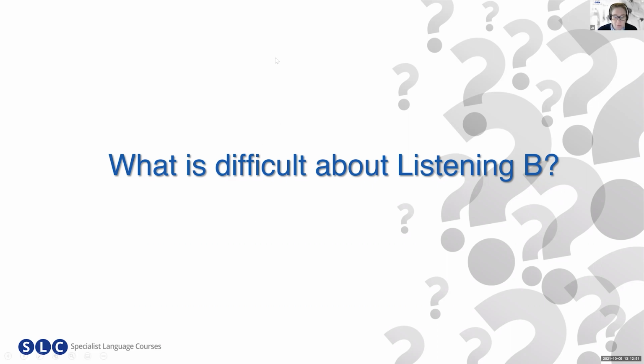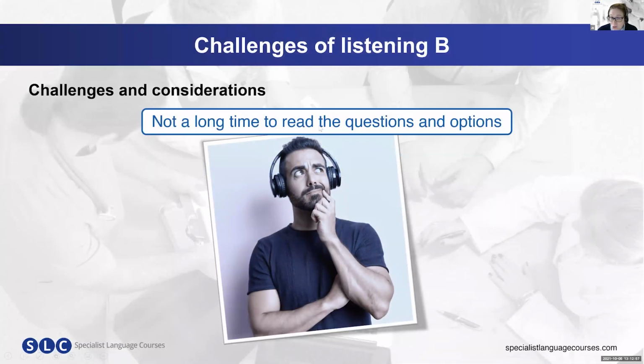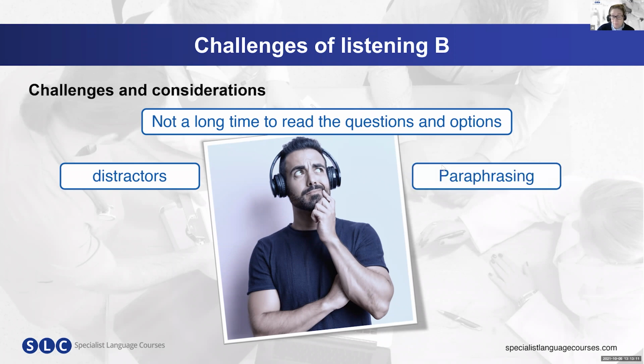Here's a few that have come up with me and my students. So there's not a long time to read the questions and options. So you have to read quite fast. Distractors. So all the options might be mentioned, but maybe only one of them is answering the question. Paraphrasing.